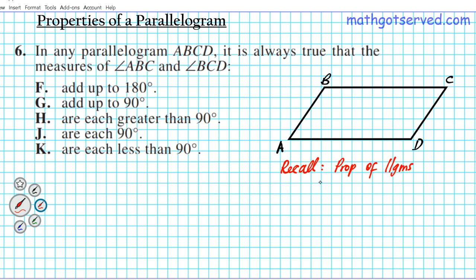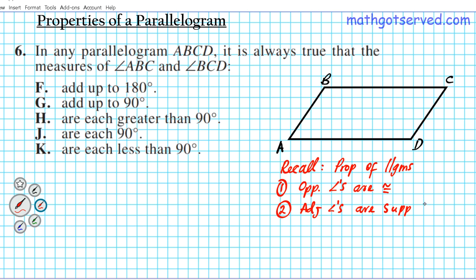The first one you want to remember is that opposite angles are congruent, and that's the notation for congruency from geometry. Then you also have to remember that adjacent angles, basically angles that are next to each other, are supplementary.